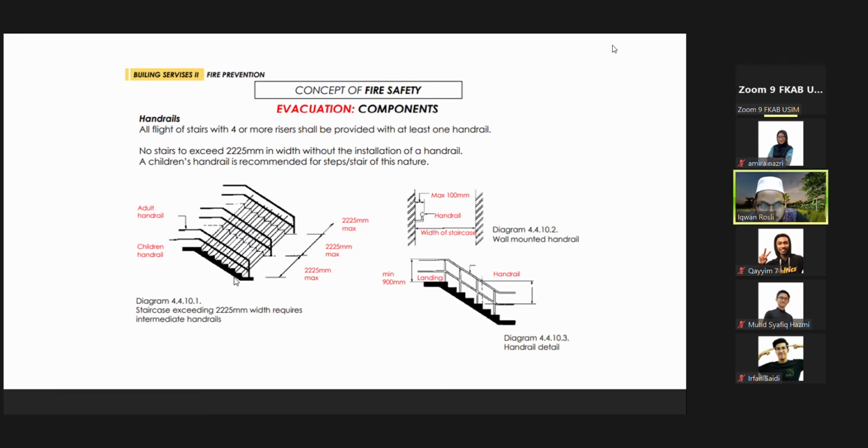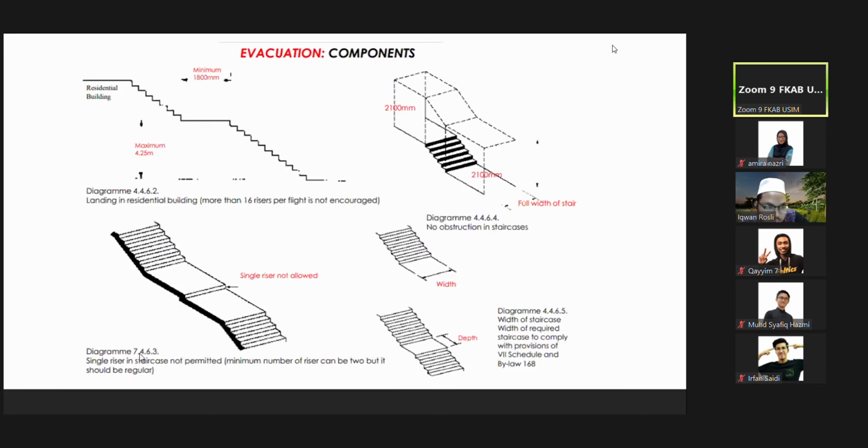Okay, like this. If you are providing a straight flight, it is a one-direction staircase. See? One direction staircase like this, Diagram 7.4.6.3. So let's say the height. How do you calculate the steps? You will divide the height of the floor by what? What is the minimum?